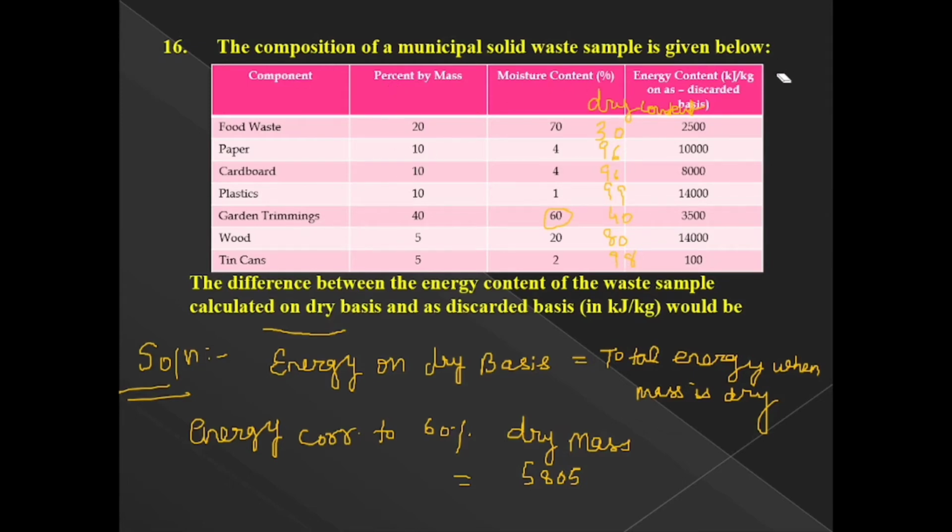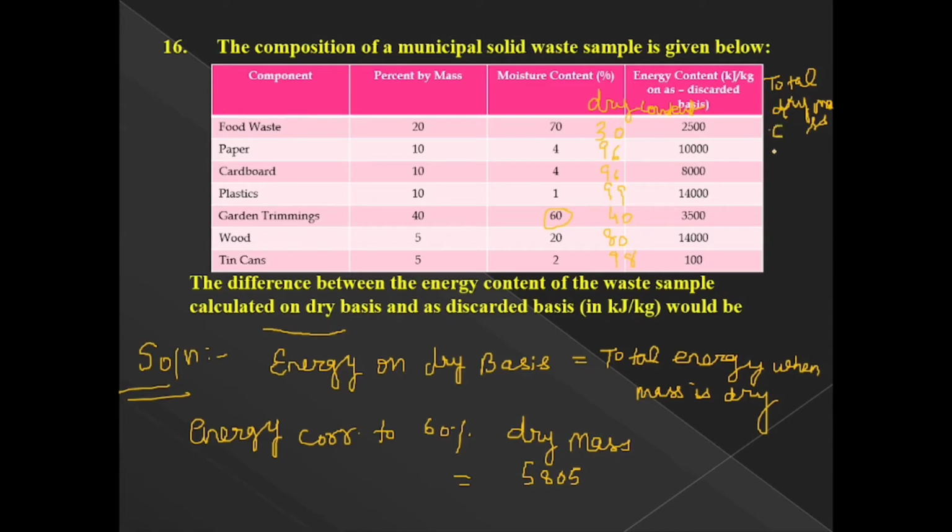Total dry mass is equal to percentage by mass multiplied by the dry content. 30 into 20, likewise this. So 30 into 20, 600 by 100, that is 6.